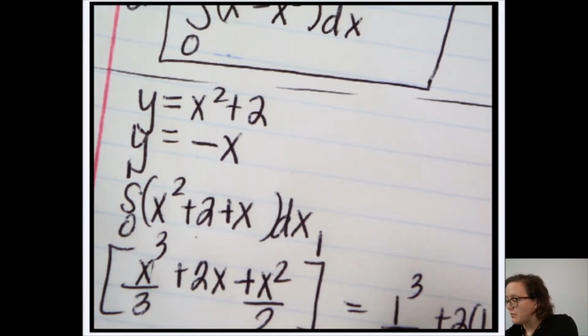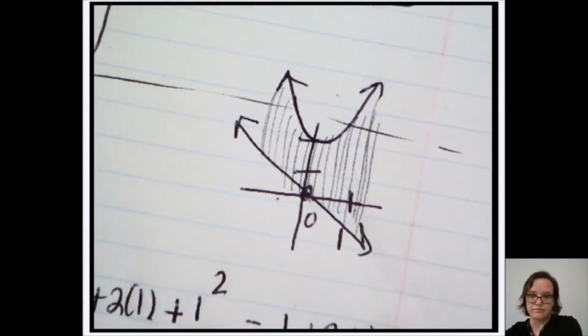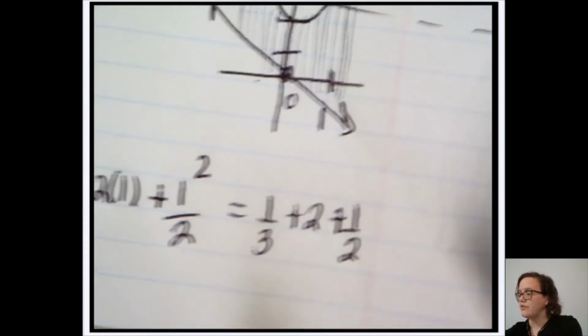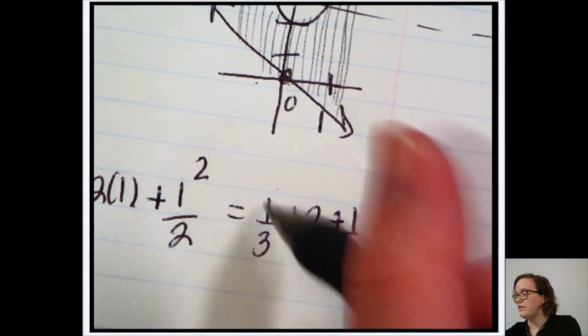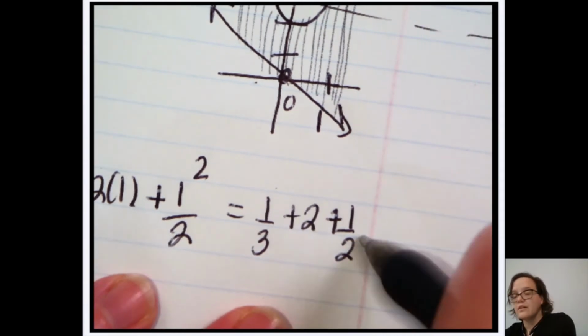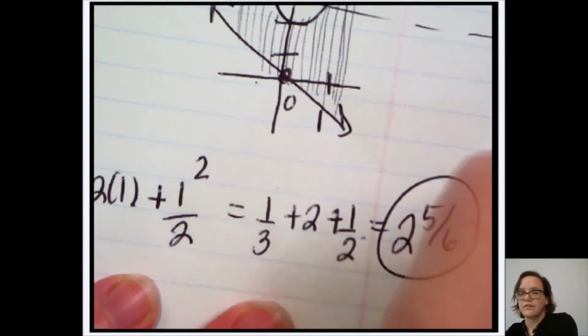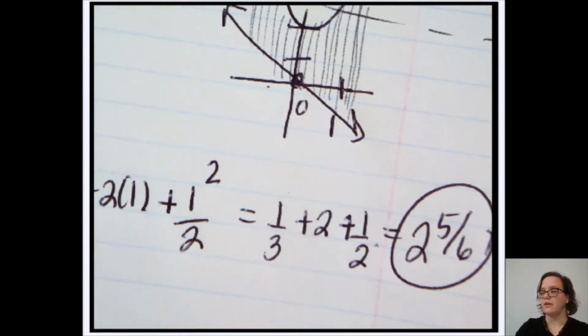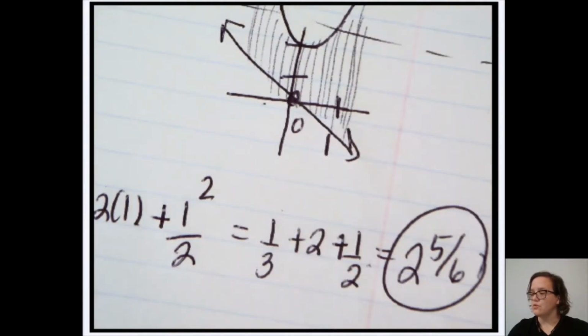So that becomes a plus, and that becomes a plus, and that becomes a plus. So here we have 2/6 plus 3/6 is 5/6 plus 2. So we get 2 and 5/6 for our answer. So that's just representing the area in between the two equations.